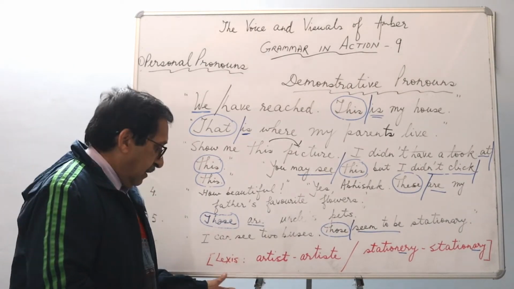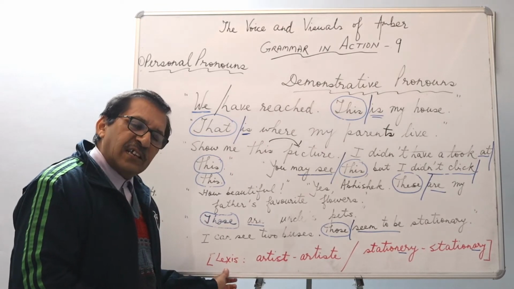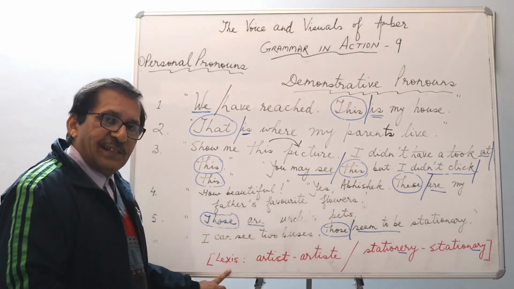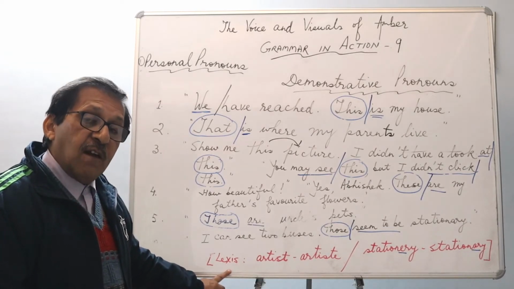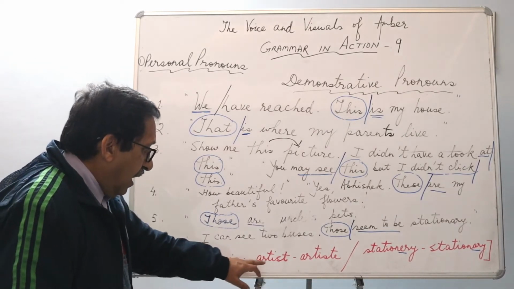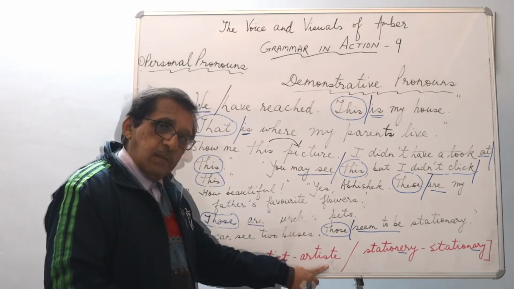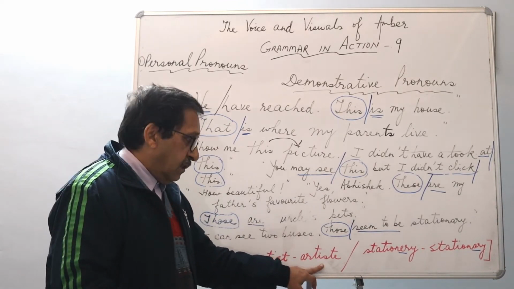But before that, just a lexical item clarification. Lexis, what does lexis mean? Lexis means vocabulary. So artist and artiste. And I do hope that Al-Kamam is actually watching this video.